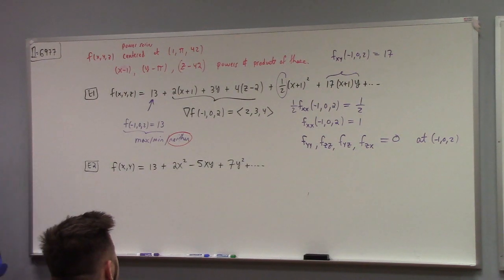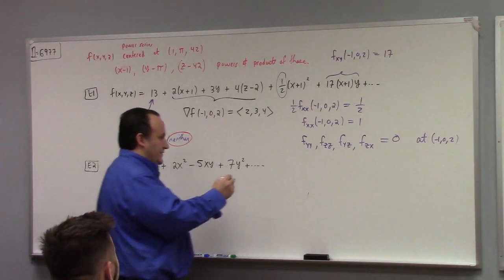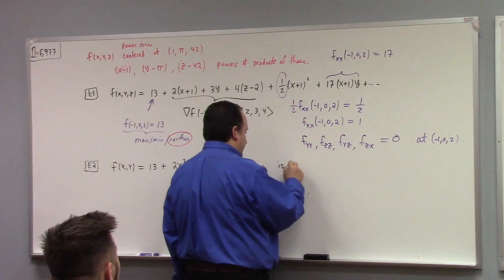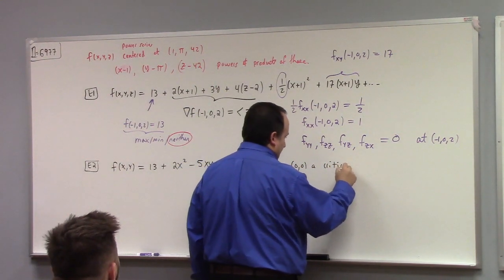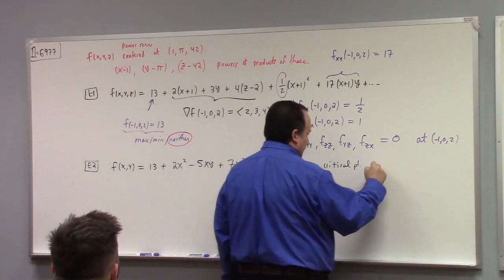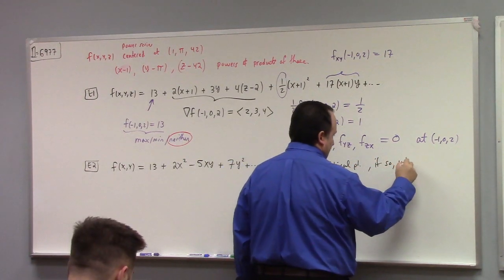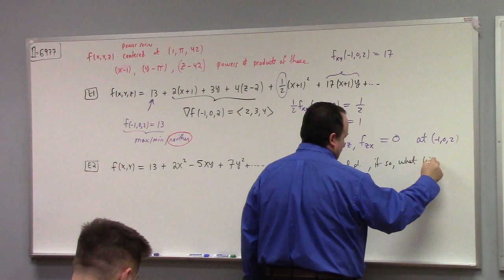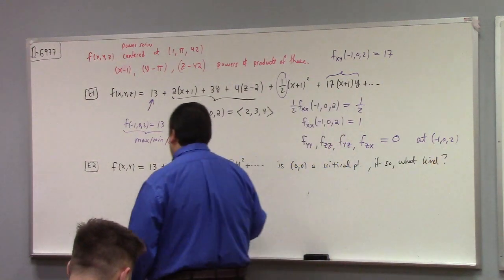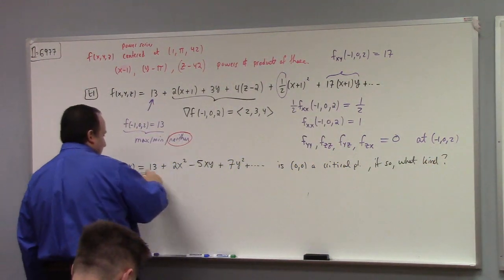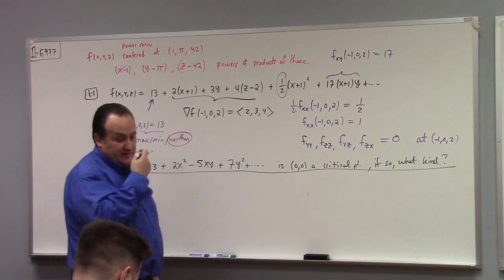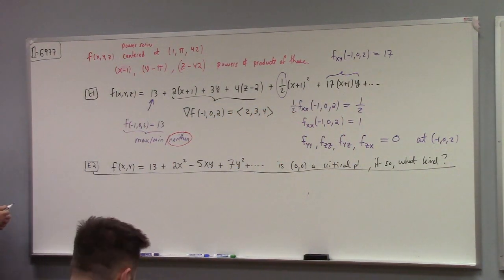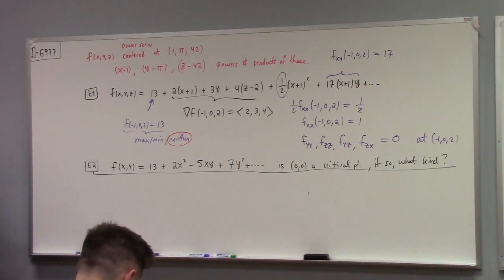So then the question is, is (0, 0) a critical point? If so, what kind? Does that question make sense to you guys? In other words, is it a min? Is it a max? Is it a saddle? So how would you do that here?